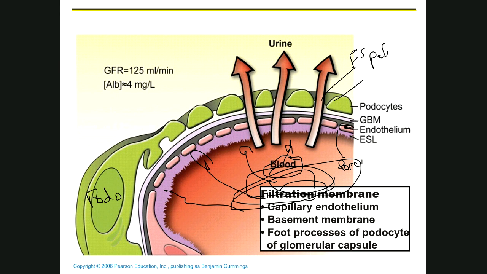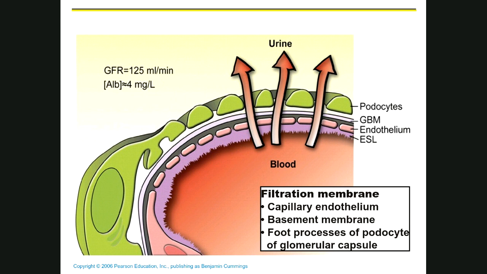And anything small enough to go through this and this and this is going to get pushed through, and it's going to be called filtrate. Does it make sense? Does everybody understand this filtration membrane, how it's not 1 layer but 3 layers?